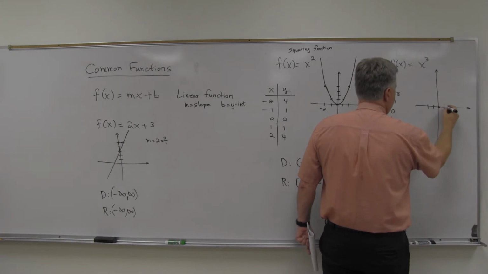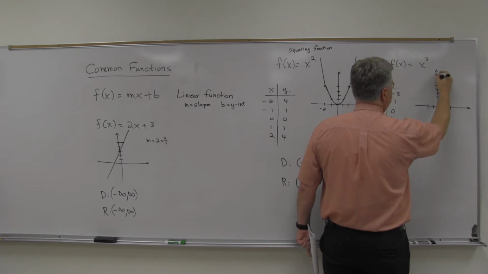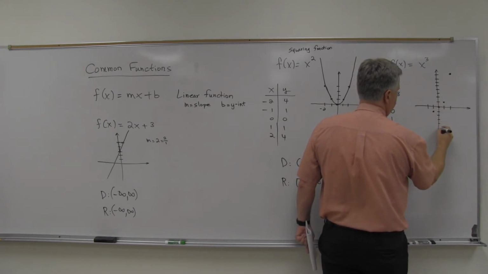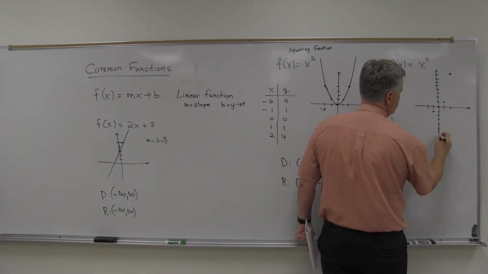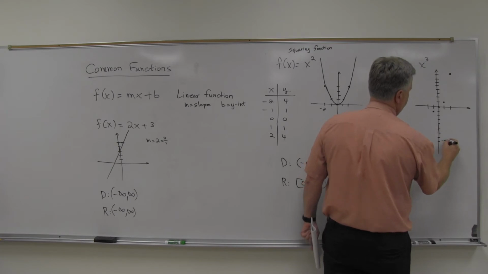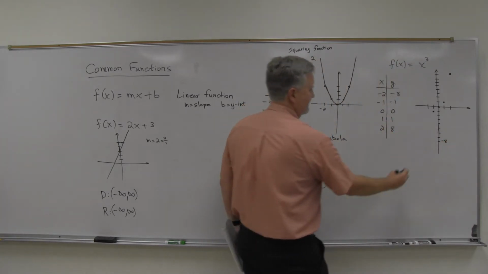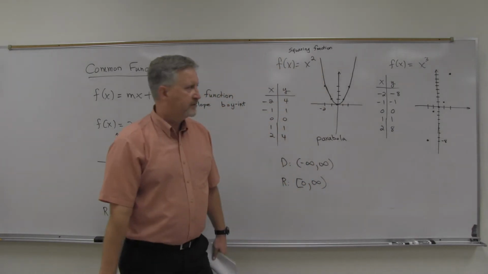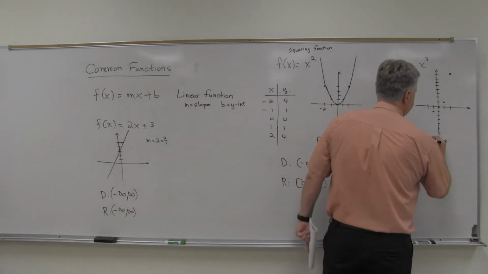So 0 is still 0, 1 I'm at 1, but then 2 jumps to 8. Negative 1 I'm at negative 1, and then negative 2 and negative 8. So we get a whole different shape on the cubing function.